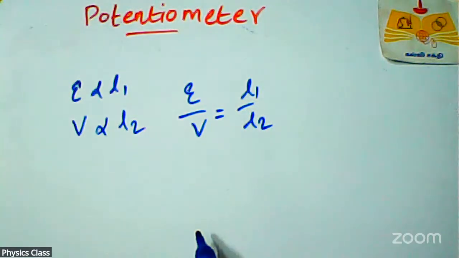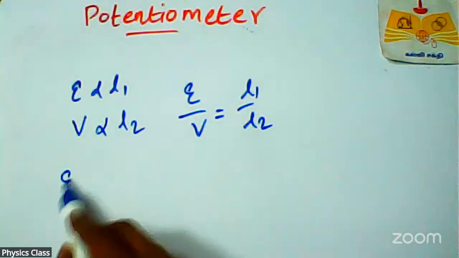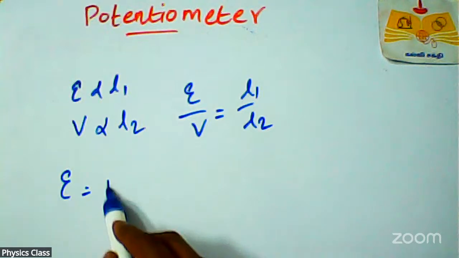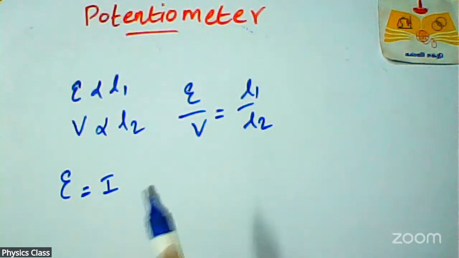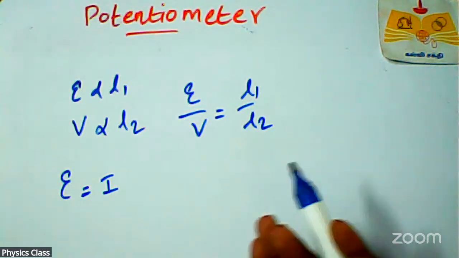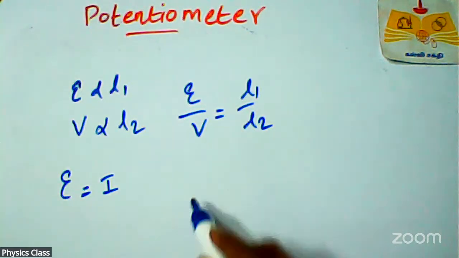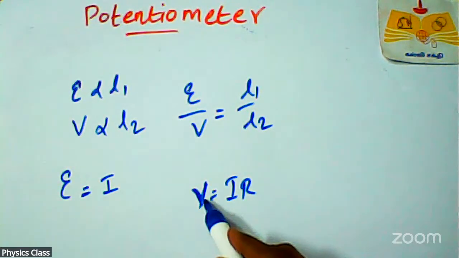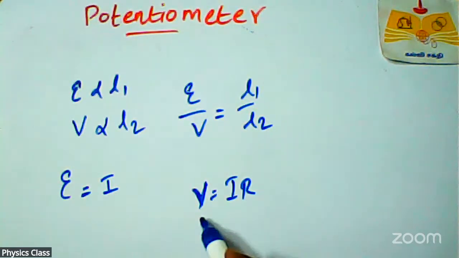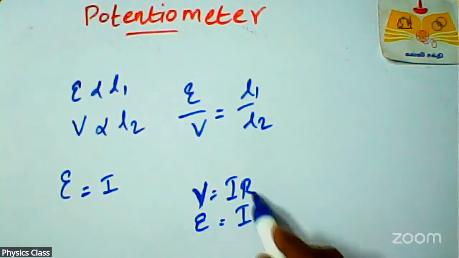Clear? Okay. But we know that EMF or voltage is current into resistance. So V is equal to IR, you know that from Ohm's law. V means potential difference, E also means EMF, so EMF is also a potential difference. Okay. So EMF is current into resistance.